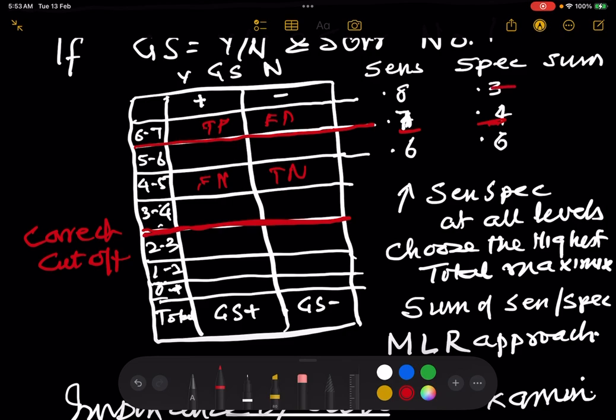And then you add these sensitivity and specificity values and you find out where the sum is maximum. That is the correct cutoff, and you can use that cutoff for validation purposes. See, if the ultrasound bone marrow density is more than 3, then the sensitivity is this and the specificity is this.